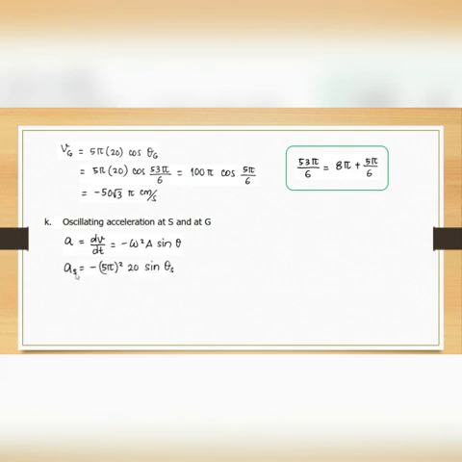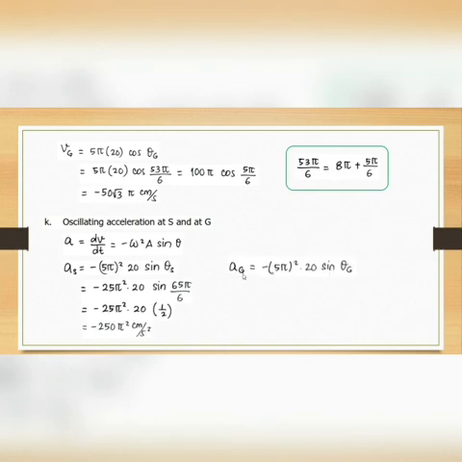So oscillating acceleration at S is minus 5 pi squared times 20 times the sine of theta S. That will give us the sine of 65 pi over 6 is equal to the sine of 5 pi over 6. So that is a half. So the acceleration at S will be minus 250 pi squared centimeter per second squared.